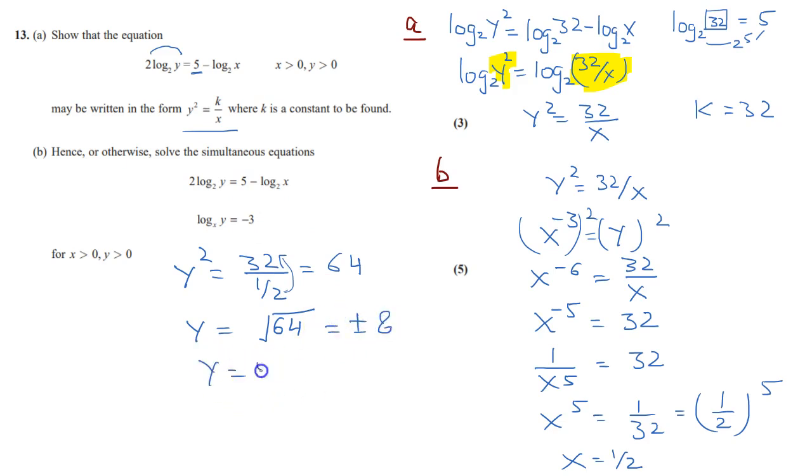So y is equal to 8 and minus 8. But we have a condition here, y is greater than 0, so we discard minus 8. So we have x is equal to half and y is equal to 8, and that is the solution of these simultaneous equations.